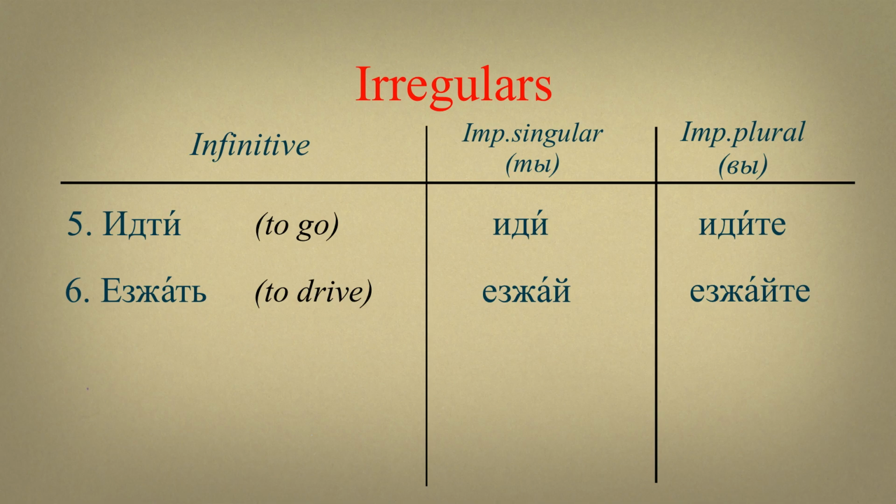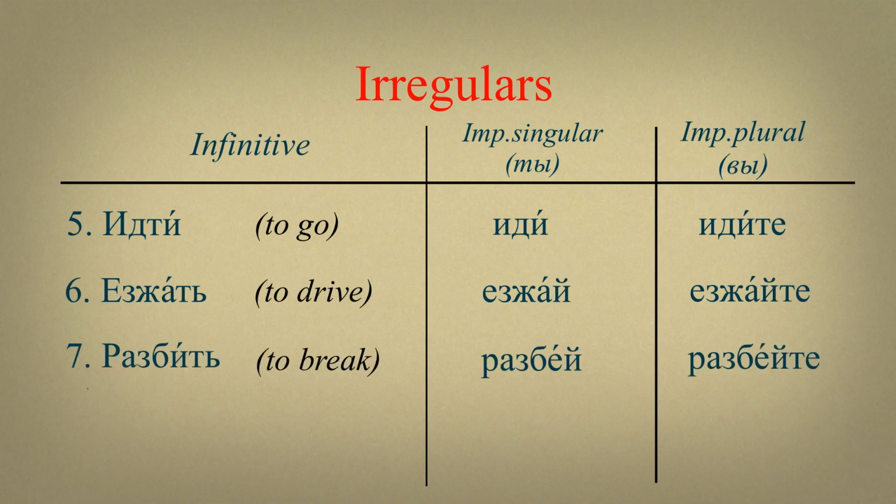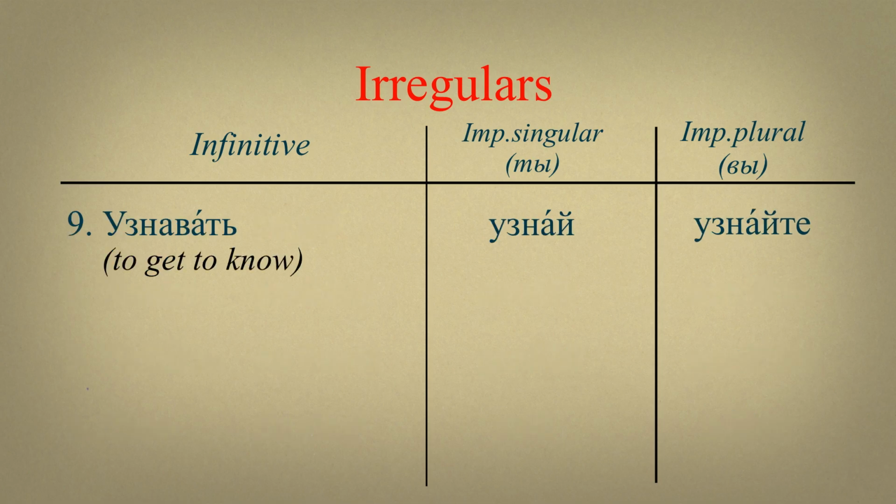Ездить, езжай, езжайте. Разбить, разбей, разбейте. Дать, дай, дайте. Узнавать, узнай, узнайте. That's all concerning the imperative mood you should know in A1, A2 level.